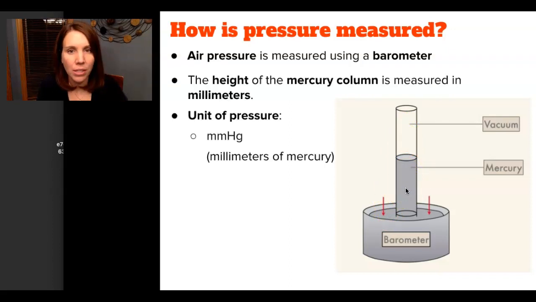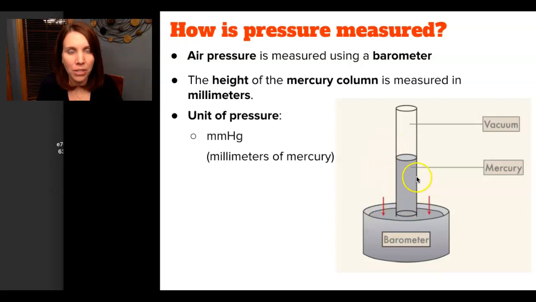This gives us one of our units of pressure, called millimeters of mercury. Quite literally, you measure from the base to the top of this mercury column, and the number of millimeters that the mercury has risen is equal to the pressure that the air is pushing down on the mercury in the pan.